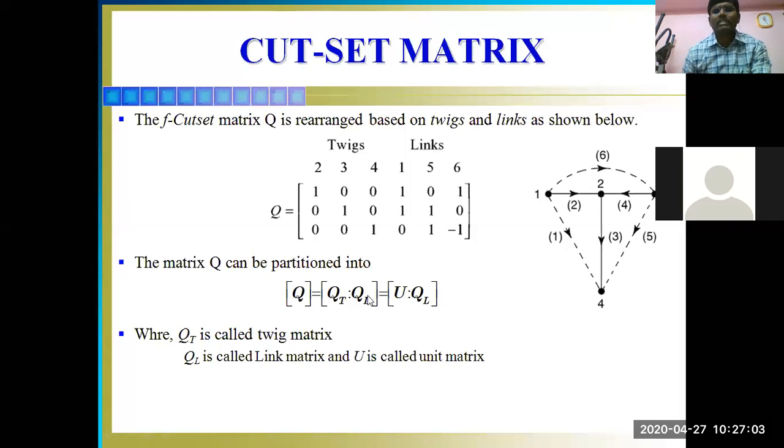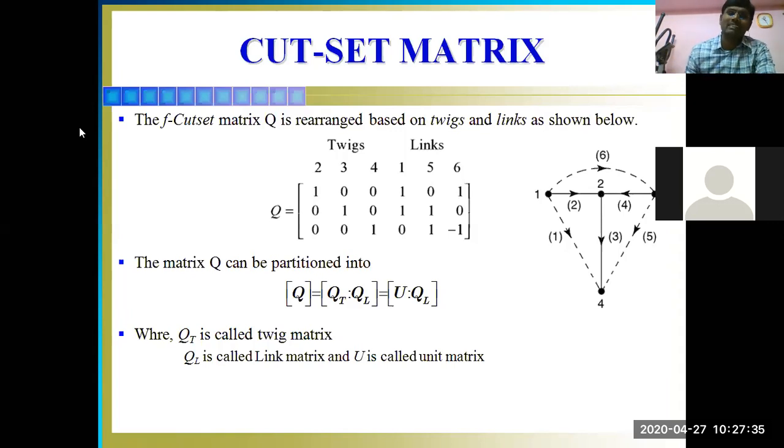So this can be partitioned into twig matrix and link matrix, where the twig matrix becomes a unit matrix. Earlier in the tie-set matrix, the link matrix is a unit matrix, whereas in the cut set matrix, the twig matrix is a unit matrix.